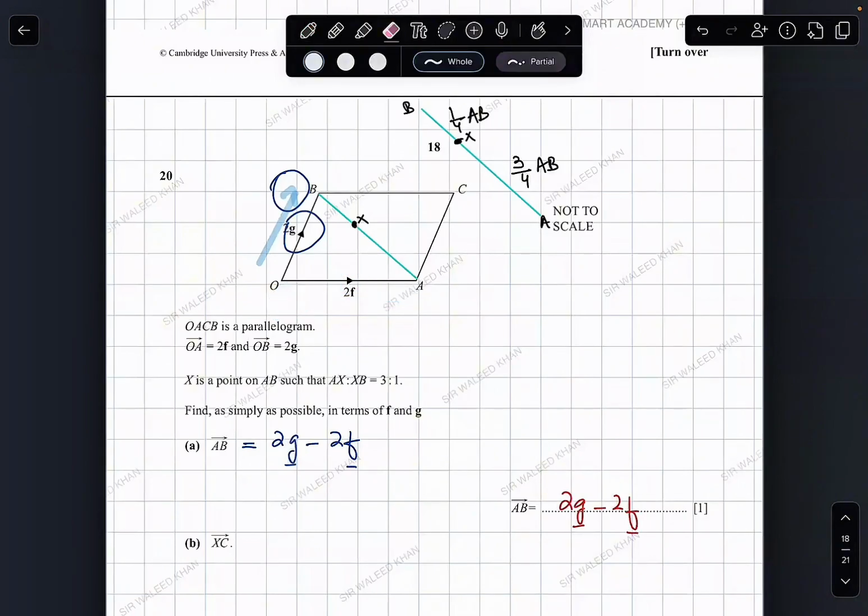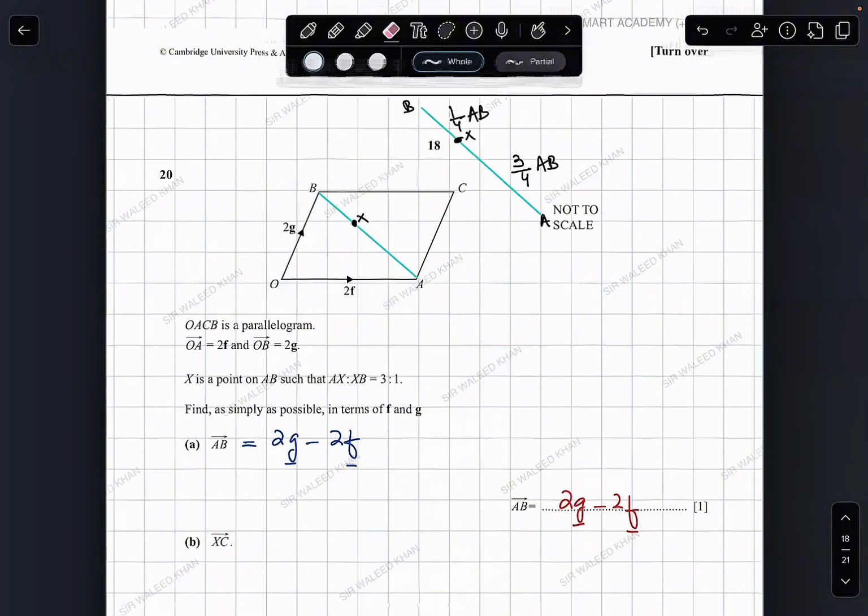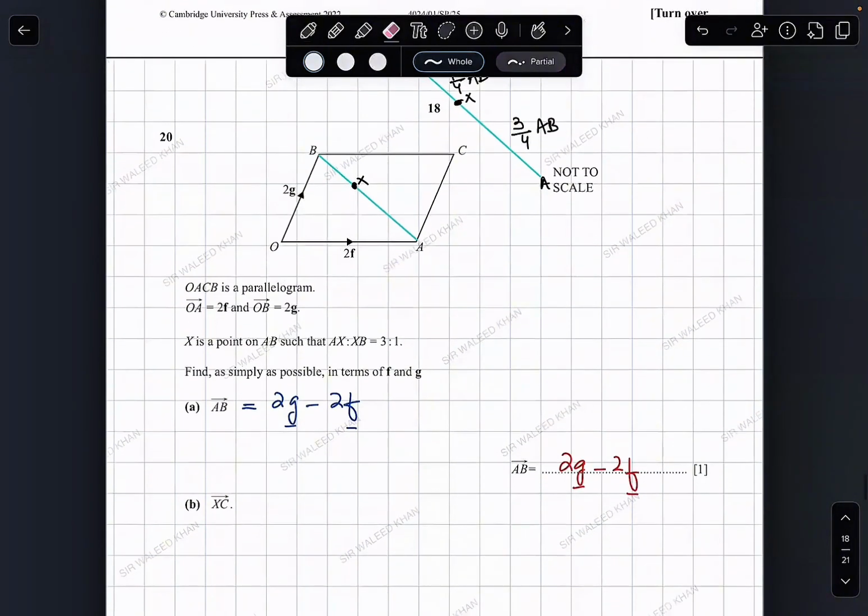Next, XC. This point over here, XC. We have the value of AB now, and I can figure out AX and XB as well.